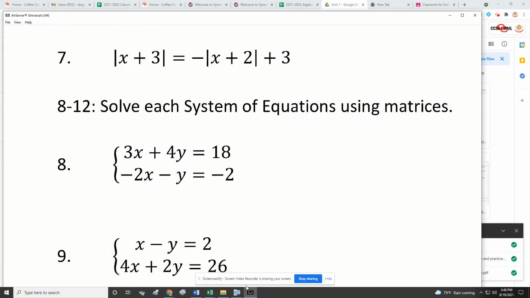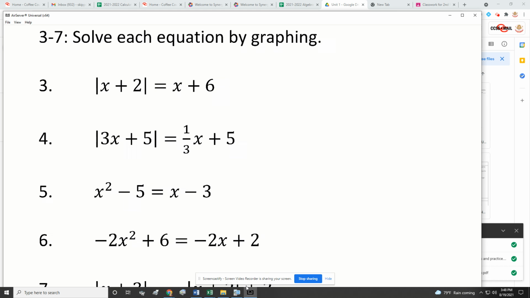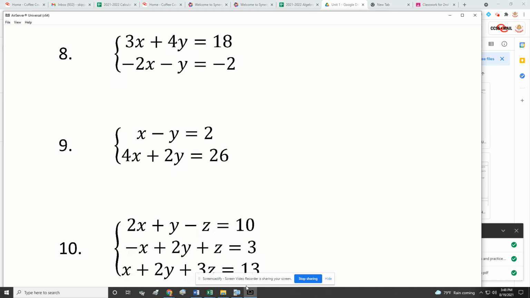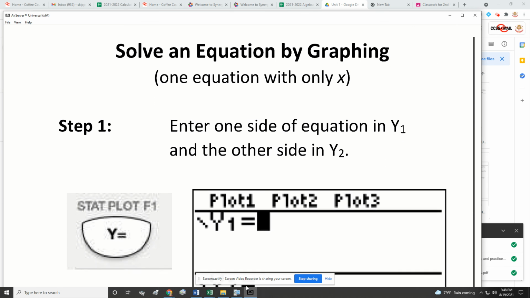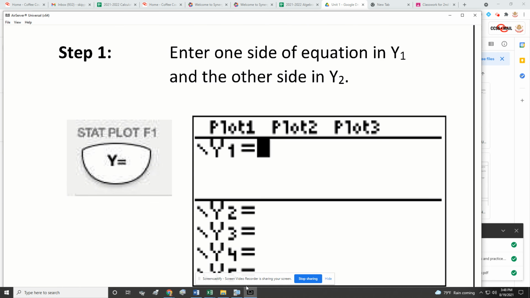So when we start doing 3 through 7, we're solving an equation by graphing. It's one equation that only has x. So those are the steps that we're going to solve. So this is what we're going to do. For step 1, enter each side of the equation in.